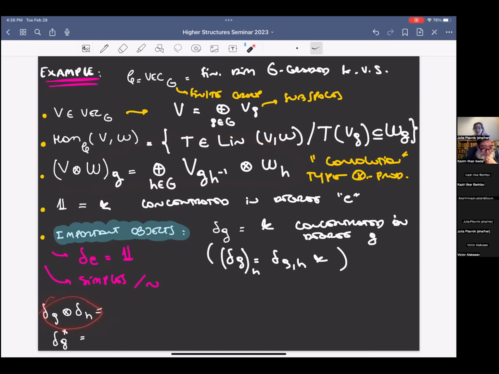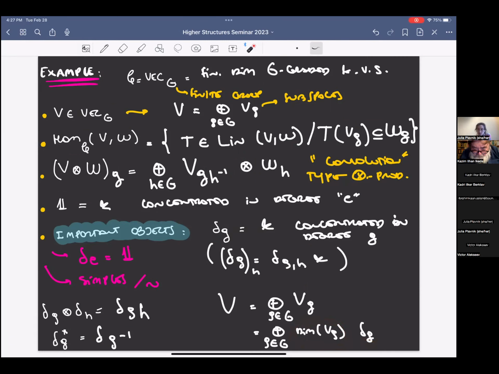But when you look at these simple objects, the tensor product cannot be that complicated, because as a vector space it is still one-dimensional. The only thing that you're changing is in which degree it is concentrated. It will be just mimicking the multiplication of the group. And the dual will be the inverse.